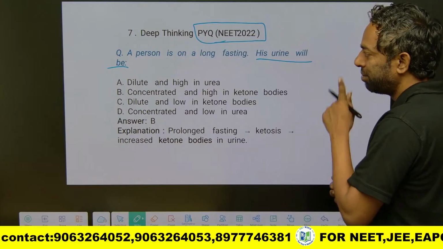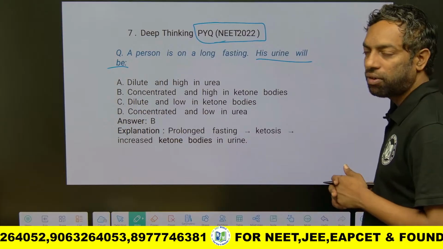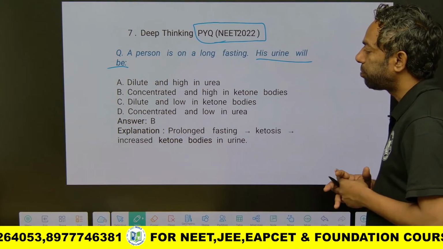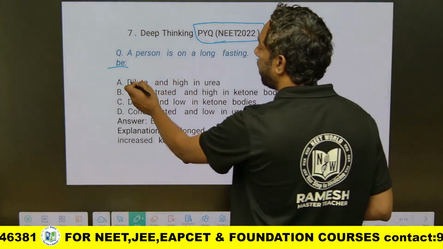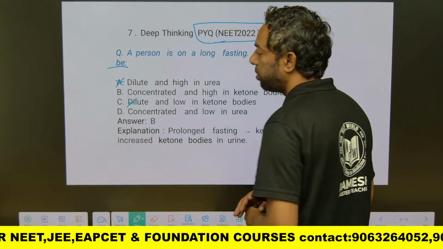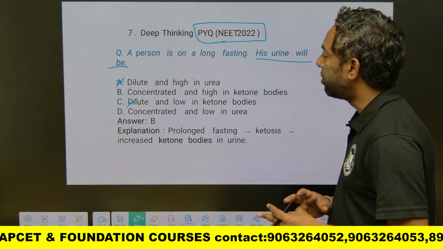Of course, long fasting means he doesn't take water too, so it cannot be dilute. So it can be eliminated. A and C you have to eliminate directly with pure common sense.